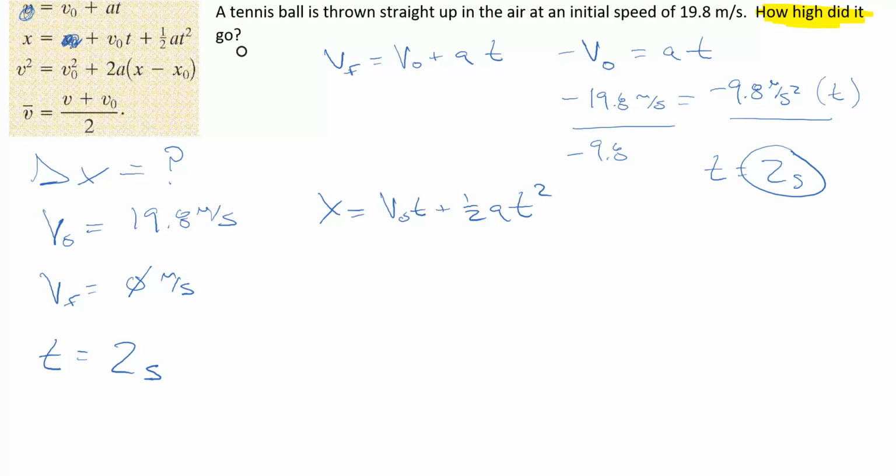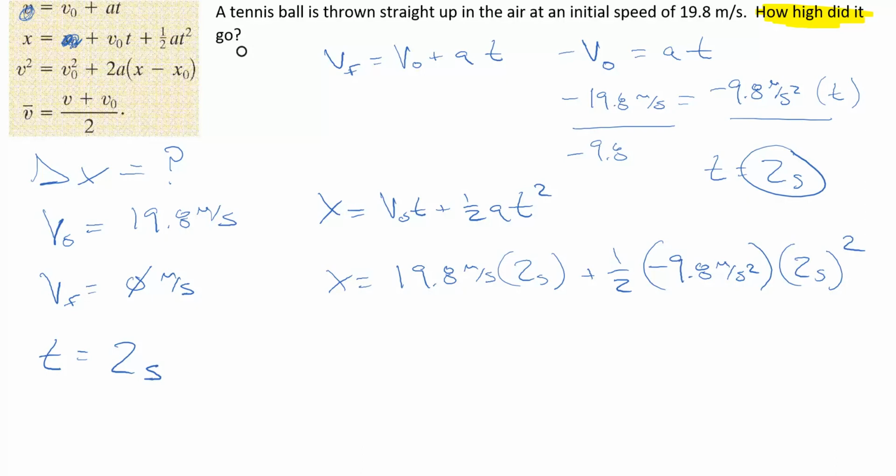Now my initial velocity is 19.8 meters per second, so x equals 19.8 meters per second times 2 seconds plus 1/2. Now my acceleration is starting up, but gravity is trying to pull me down. So once again, gravity is going to be a negative 9.8 meters per second squared times time, which gets squared.